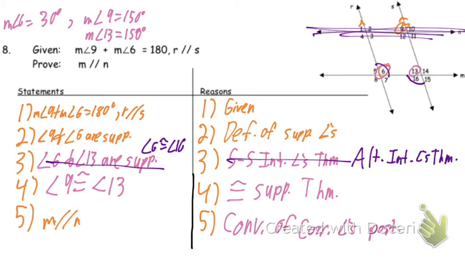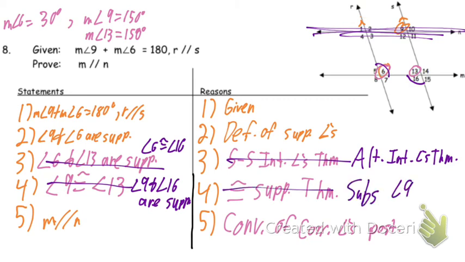And then I can say, now that those are congruent, instead of angles 9 and 6 being supplementary, I could say angle 9 and angle 16 are supplementary. And I could substitute that in, because angle 6 is congruent to angle 16.